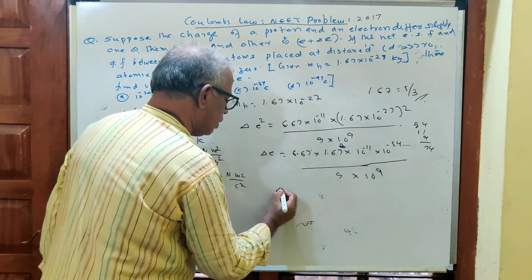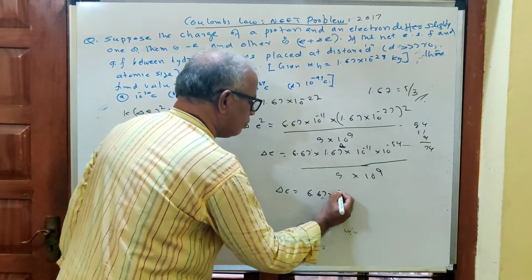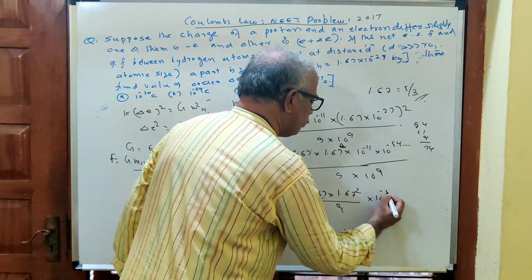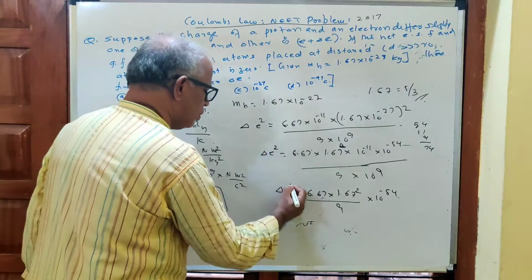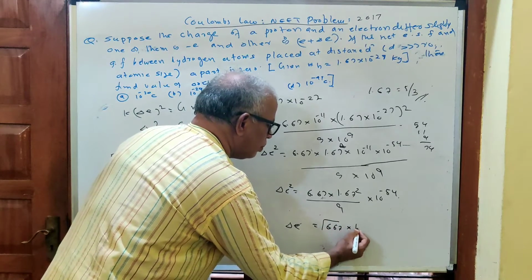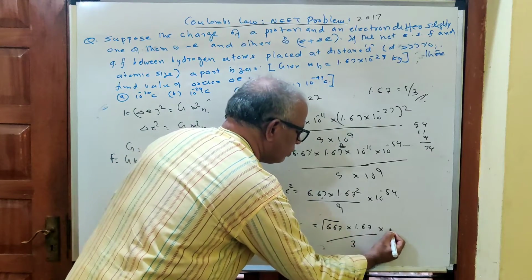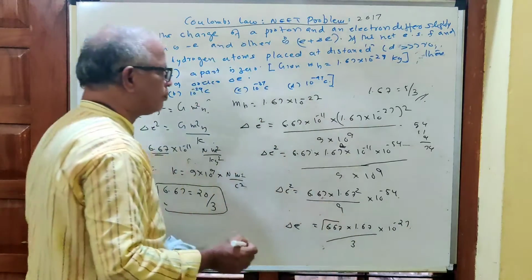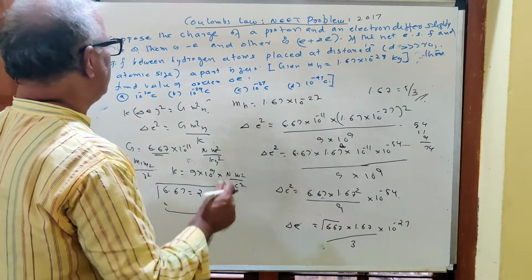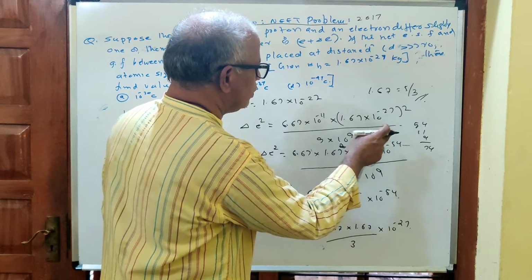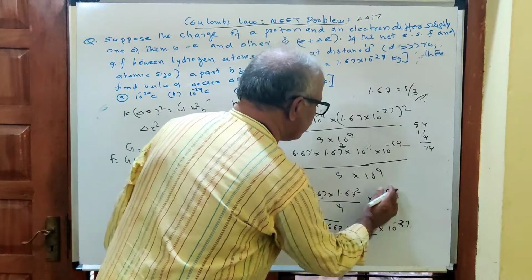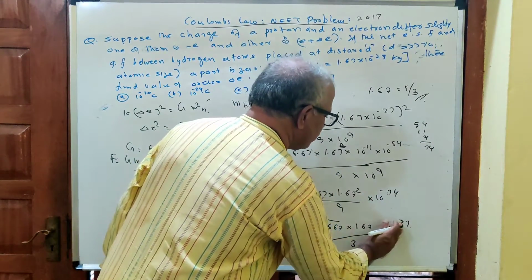If you take the root of it, delta e is equal to root of 6.67 into 1.67 by 3 into 10 to the power minus 37.